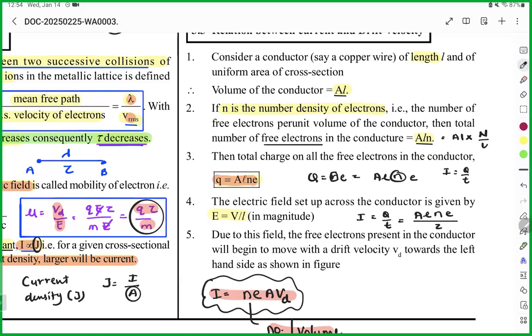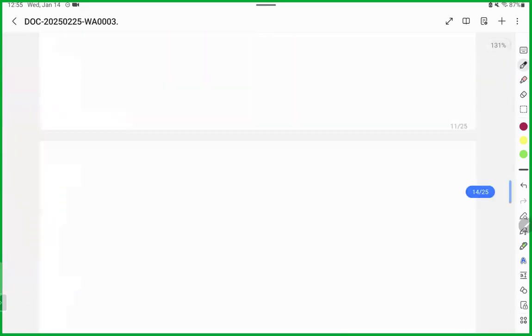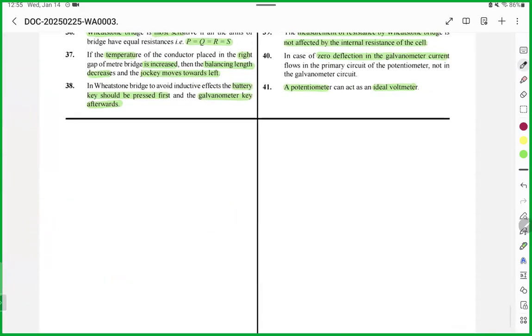So n e A, what is the length by time? This part. What is this length by time? Velocity. L is length, tau is time. It will be n e A v_d. Understood, guys? Should I explain this again? Yes, sir. Sure, then I will.